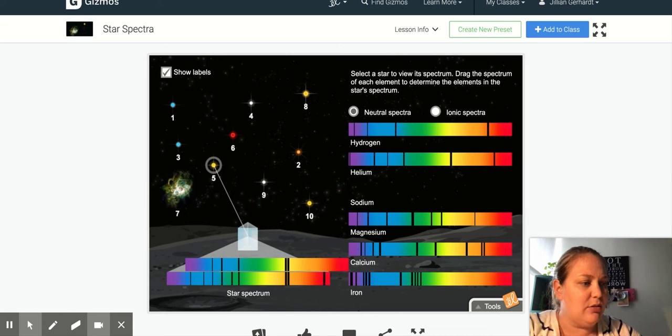So let's try. We have hydrogen, ionized sodium or calcium, neutral sodium or calcium. Bingo, that's it. Because we had neutral hydrogen and we had neutral sodium. So even though my star may look yellow, it is actually going to fall into that F spectral class.